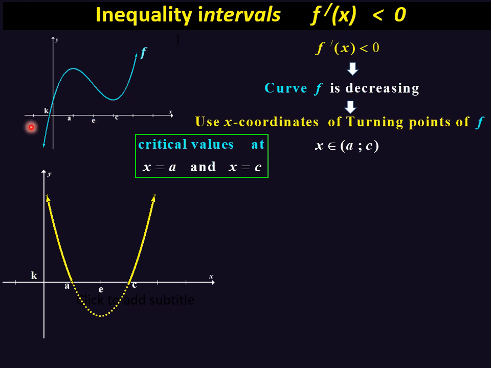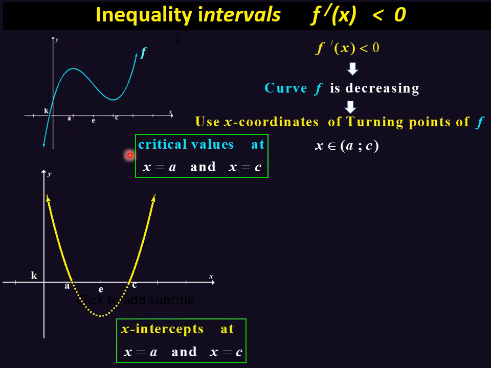You see there, this is the original function f, and this is its derivative. Remember, this is cubic and this becomes quadratic. So the x-intercepts correspond with the critical values associated with the local maximum and local minimum.